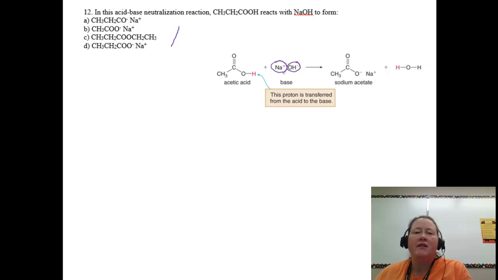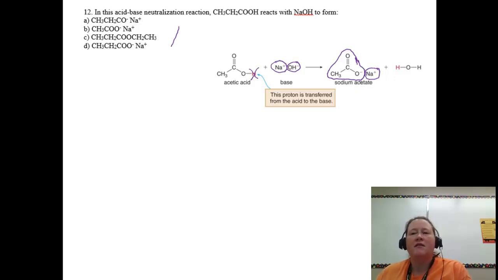That leaves behind the sodium ion. And when this gets taken off, we're left behind with the carboxylate ion. So this is referred to as a carboxylate salt.